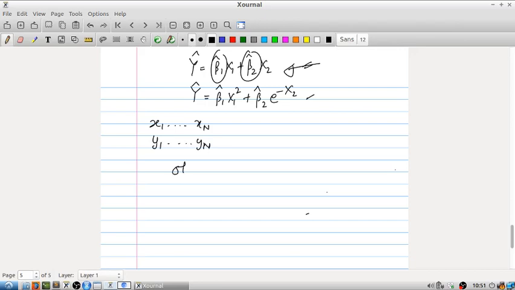And the objective that we pick is defined as a sum over, let's say, i equal to 1 to n of yi minus xi transpose theta squared. This is the least squares objective that you might have come across, right?